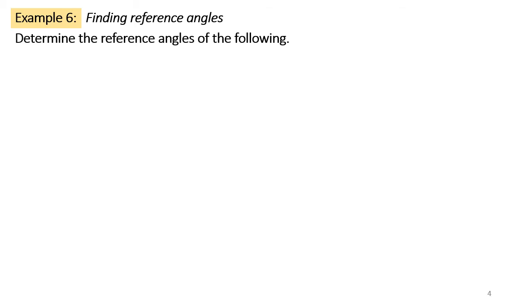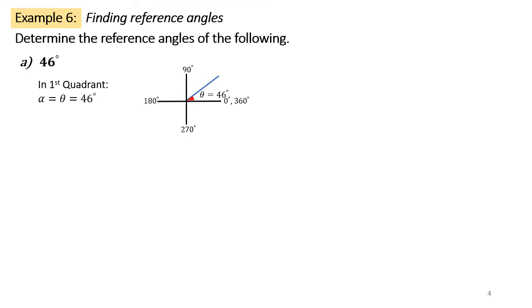Now let's look at example 6. Determine the reference angle of the following. So we need to find alpha. For question A, we are given theta is equal to 46 degrees. We know that 46 degrees will be in the first quadrant. So we also know that in the first quadrant, alpha is always equal to theta. So alpha will be 46 degrees. For the second question, we are given theta is equal to 340 degrees.